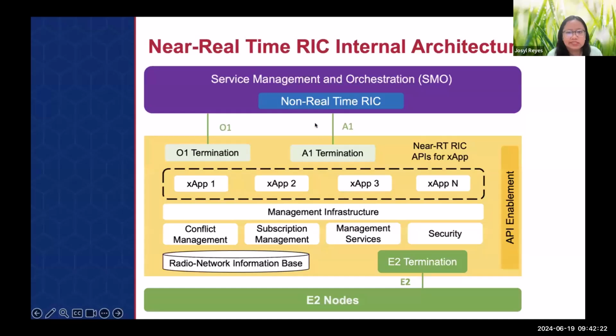Okay, so essentially, we have the SMO, and then here we also have the non-real-time RIC connecting to the near real-time RIC, itong part na ito. Itong yellow, they talk to each other via the A1 interface. And then, in the near real-time RIC, there are xApps. Again, the xApps may be different, maybe from different vendors, maybe third party, maybe proprietary, maybe open.